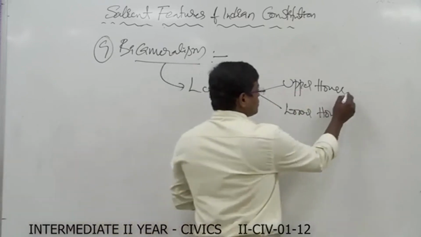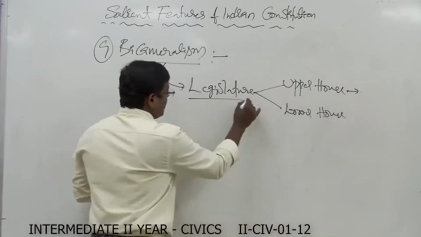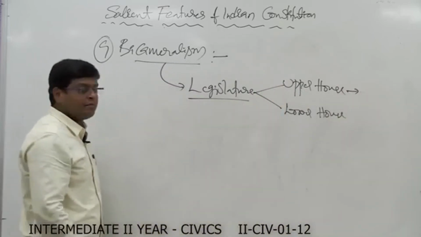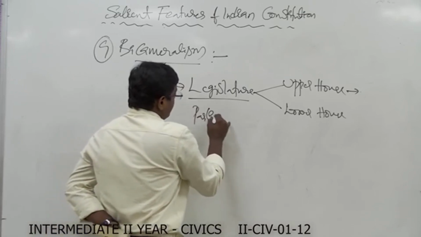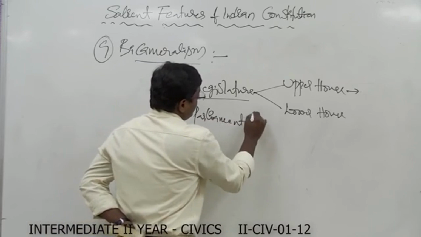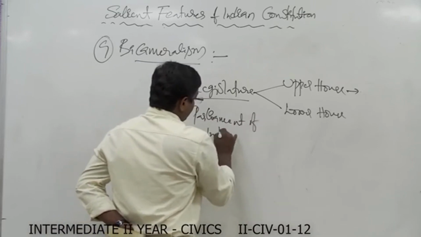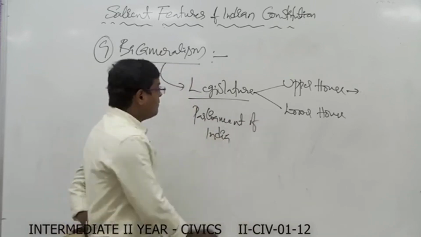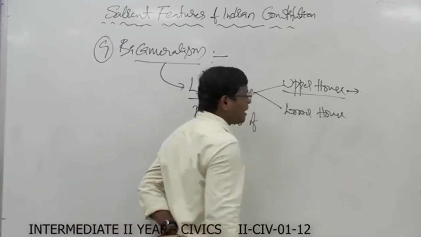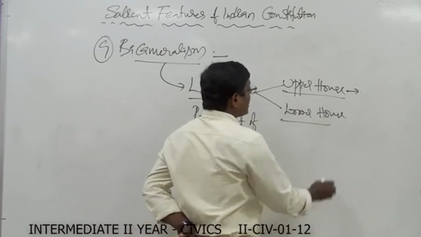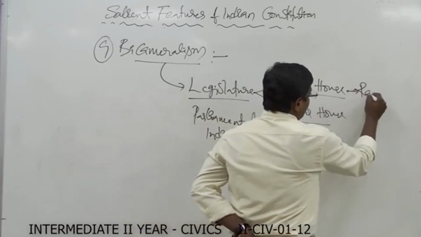If we take the Indian legislature, considered as the Parliament of India, in the Parliament of India there is a bicameral system. Two houses are there, upper house and lower house. In Parliament, the upper house is called Rajya Sabha.